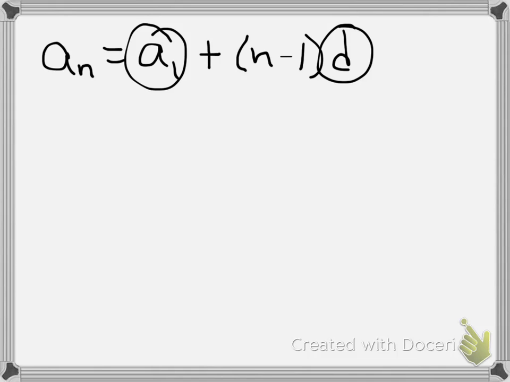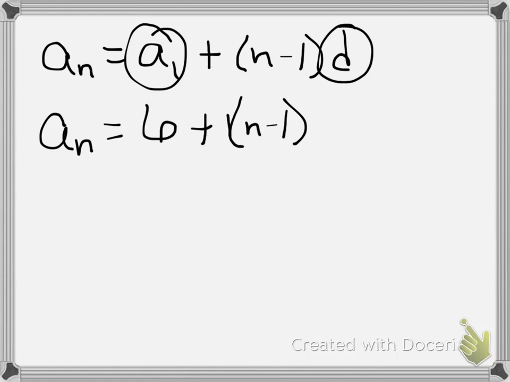So for example, we want to use example 3. Use the rule a of n equals 6 plus n minus 1 times 2 to find the 4th and 11th term of the sequence. So all we need to do is find our 4th and 11th term.